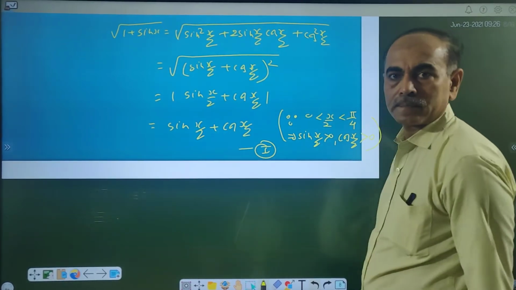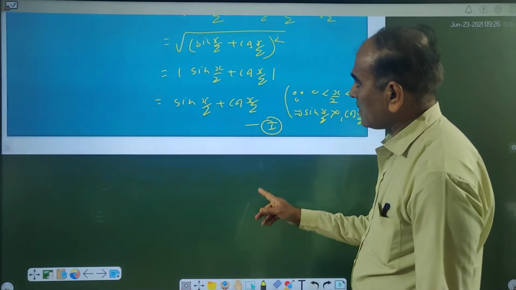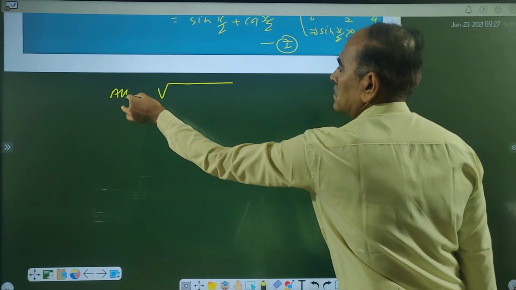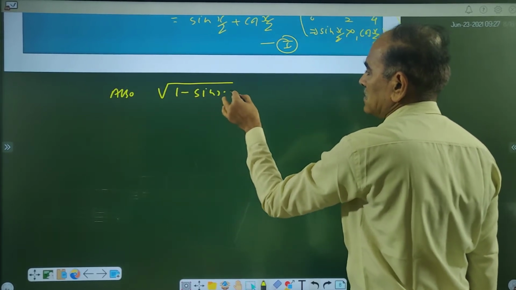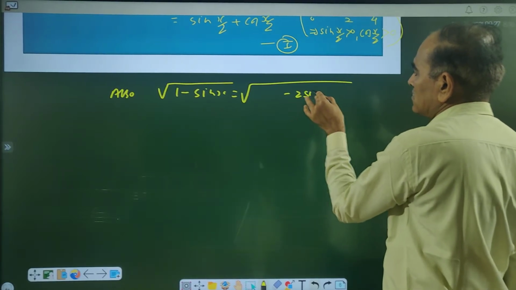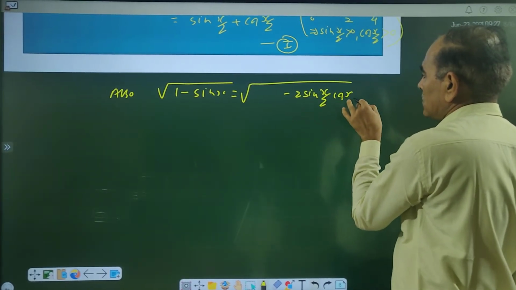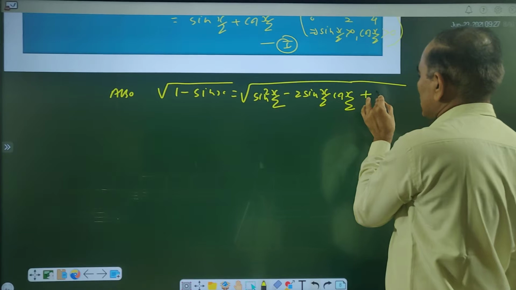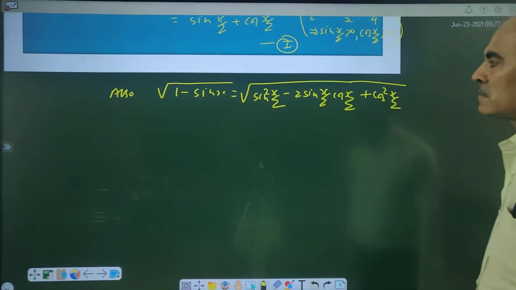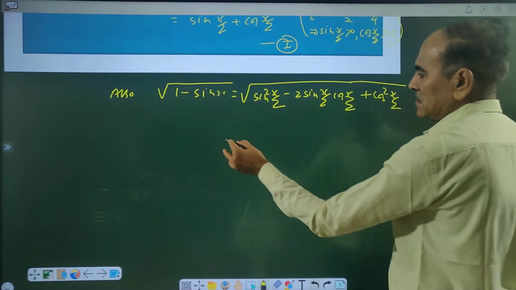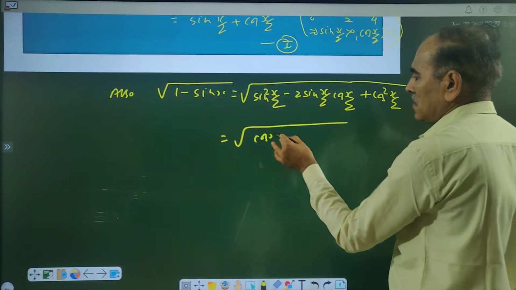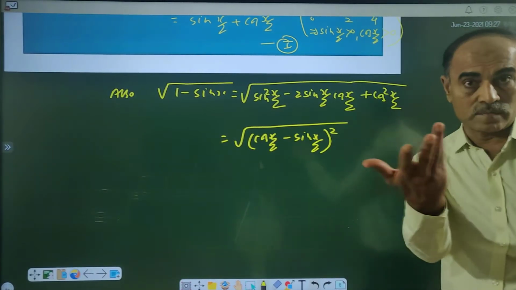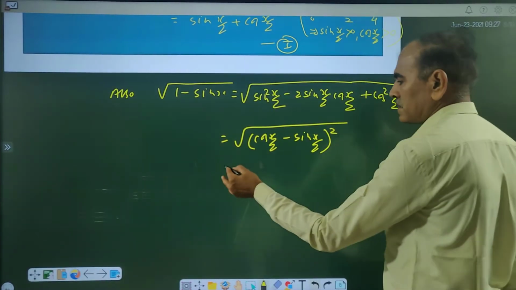So result number 1. Now simplify 1 minus sin x the same way. This can be written with minus 2 sin x by 2 cos x by 2. Can I write here sin square x by 2 and here cos square x by 2? Yes, we can write it. It's nothing but under root cos x by 2 minus sin x by 2 whole square, or sin x by 2 minus cos x by 2 whole square, one and the same thing.